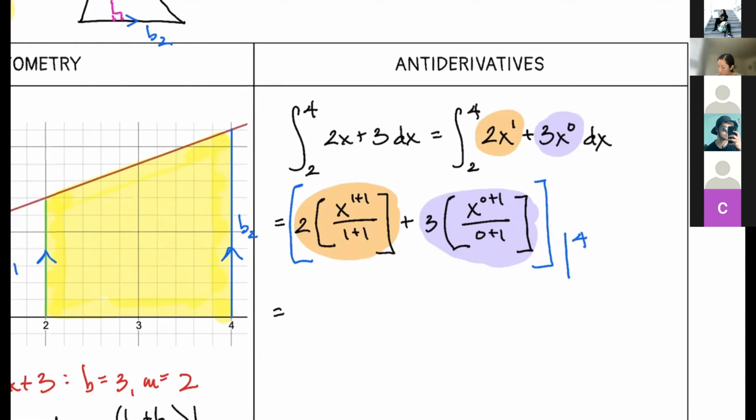And in the bottom, I'm going to put the bottom number, which is 2. So I think we had said that there was this green number, and then a blue number, okay?